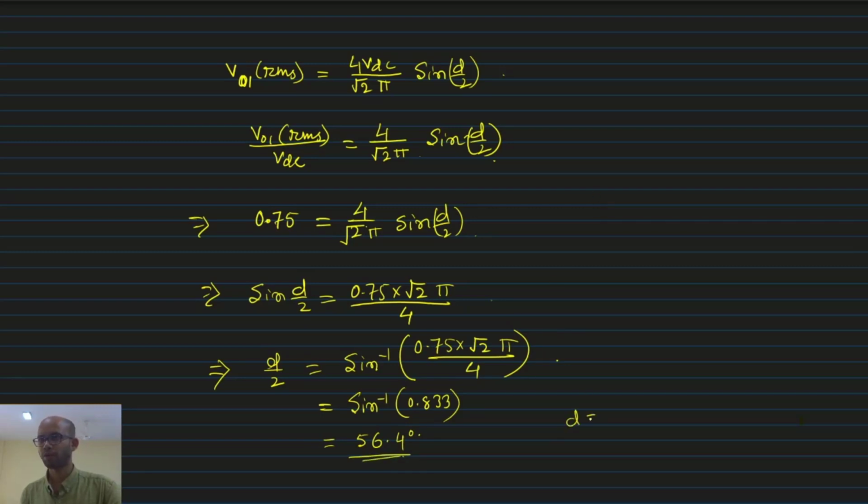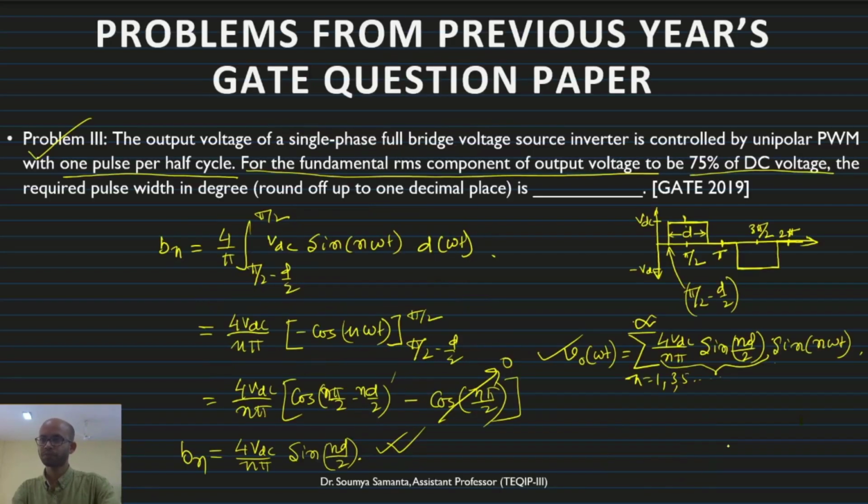D equals 56.4 into 2, so 112.8. So this is the value, 112.8 degree.